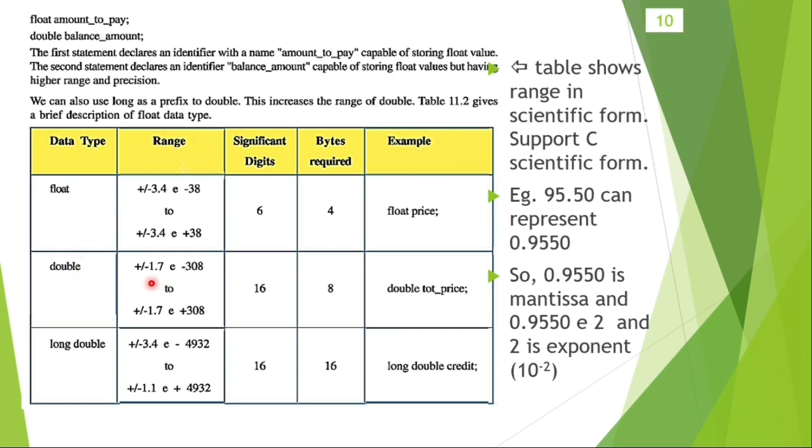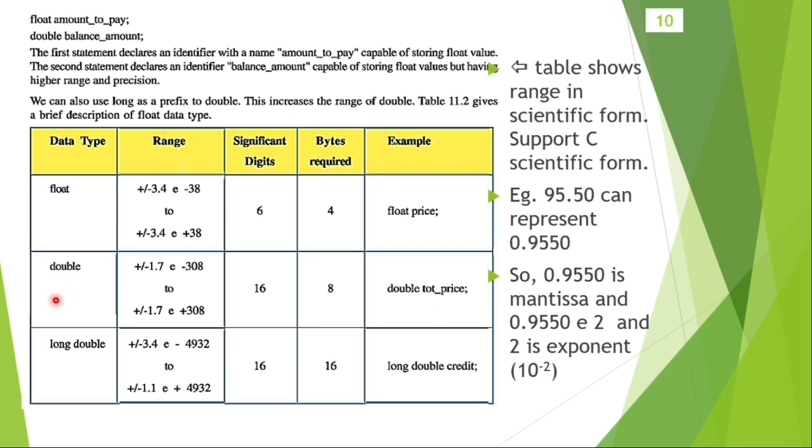There is a different type of calculation behind this, which is given in the 9th standard data representation lesson. So we will prefix double; here is the range, significant digits will be 16 to 17, and bytes required in a double is 8. It is almost double. So double total price. Are you getting my point?